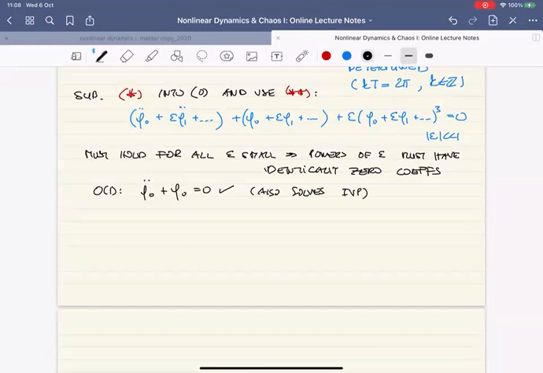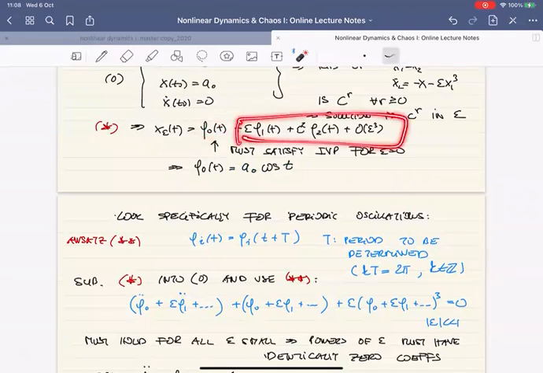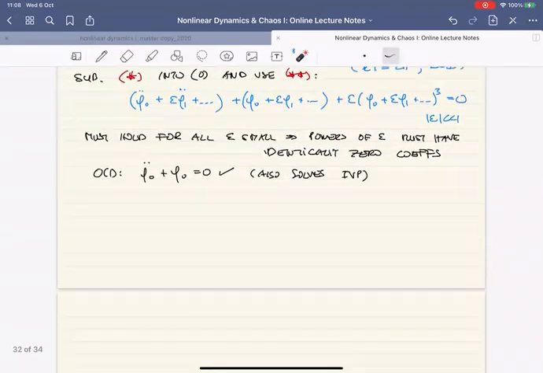But I knew that, right? That's no surprise because that's how I built my solution. The real question is these terms. So now I go and look at the order epsilon terms first. I have one here, right? I have one there.